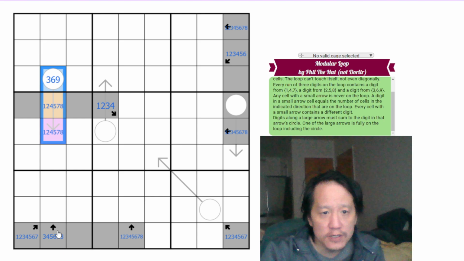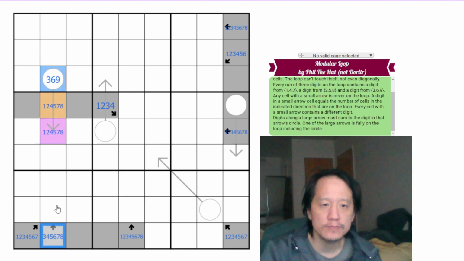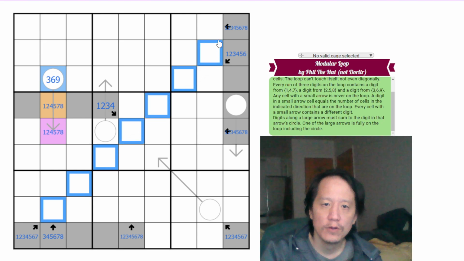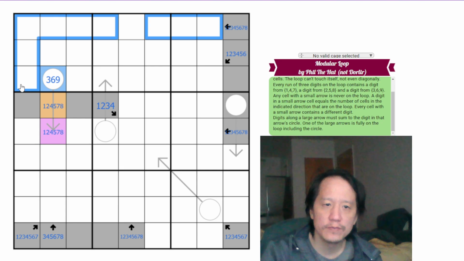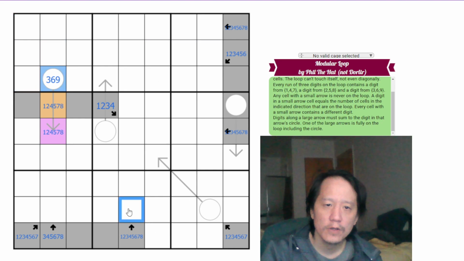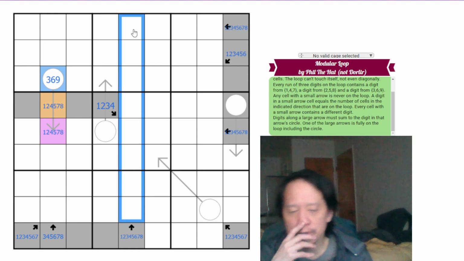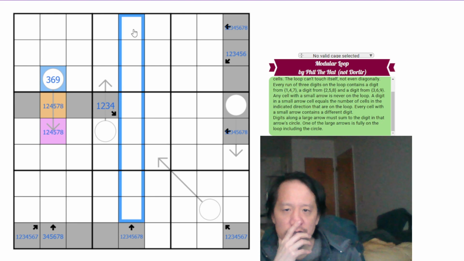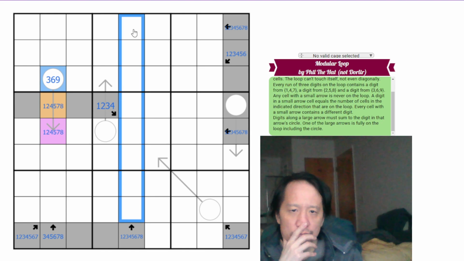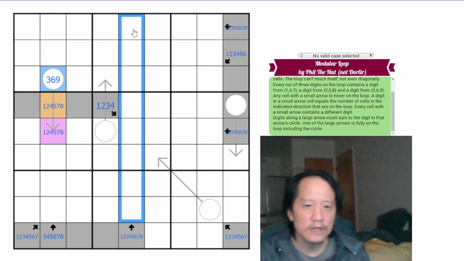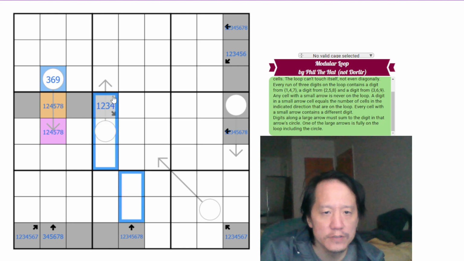We know this has at least 3. So this could be 8. That's still valid. Technically, this could be 8, but I don't know if that's valid. Okay, so say this was 8.